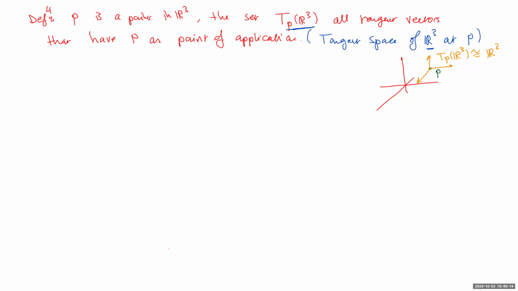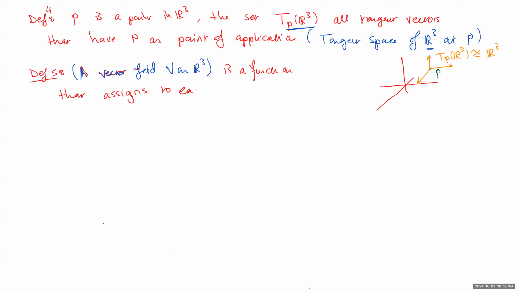Let's see another definition. A vector field V on R3 is the vector field we used to have in Calc 3. It is a function that assigns to each point of R3 a tangent vector.